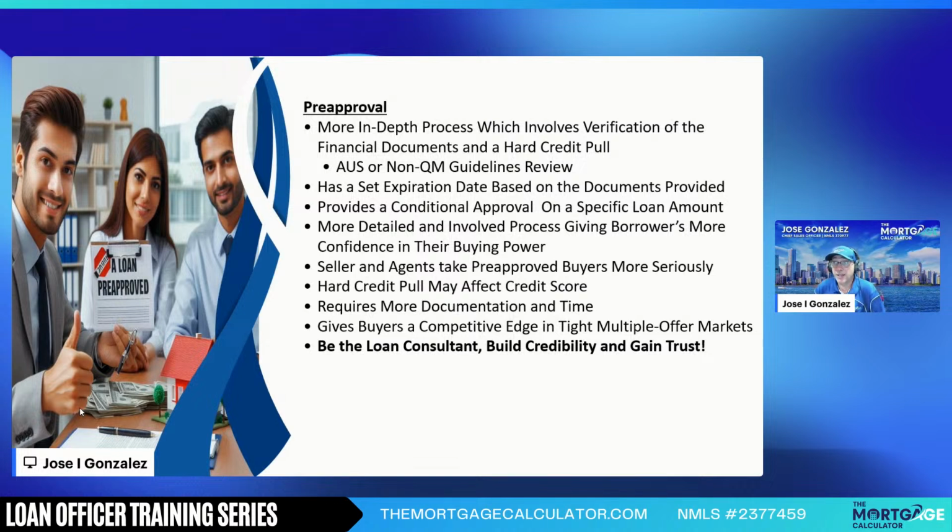The pre-approval process, due to the fact that it is a more detailed and involved process, will give the borrower more confidence in their buying power. They will be basically locked and loaded and be an offer making machine, because they know that the pre-approval they receive from the mortgage calculator is ironclad, and all they need to do is provide the MLO with a fully executed contract to officially start the loan, the formal loan application process.